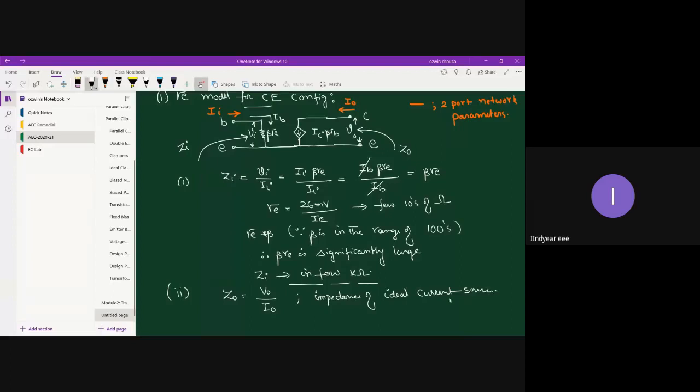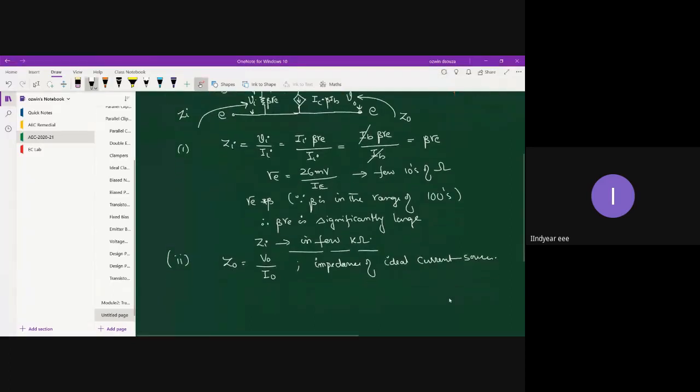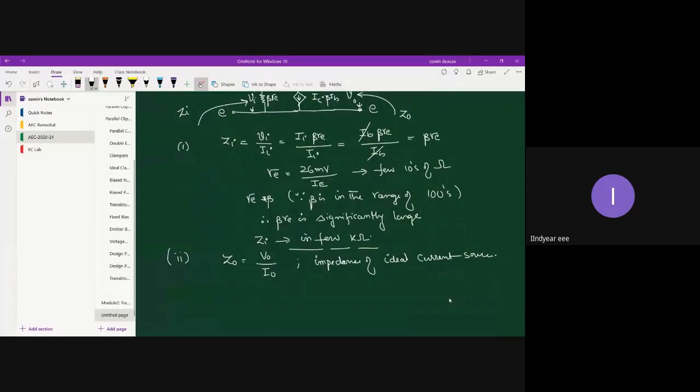Can anyone tell me what is the impedance of an ideal current source? An ideal current source gives constant current to the load irrespective of the voltage variations at its terminals. Whatever the changes in the load condition, an ideal current source keeps giving constant current.